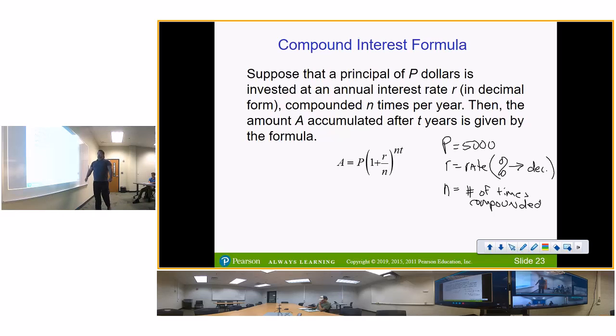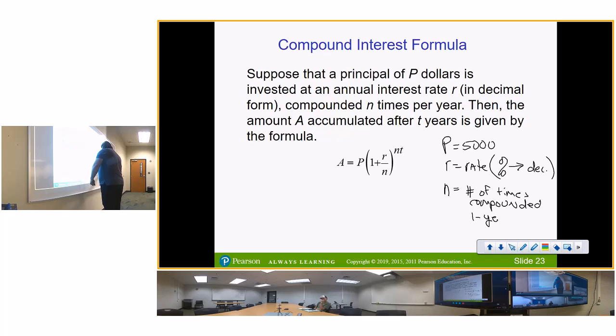Here you need to know words. One time a year is called what? Yearly or annually. I'm not writing out annually, I'm just going to put ANN. You can write it out, I'm running out of space. What about 2? Semi-annually.